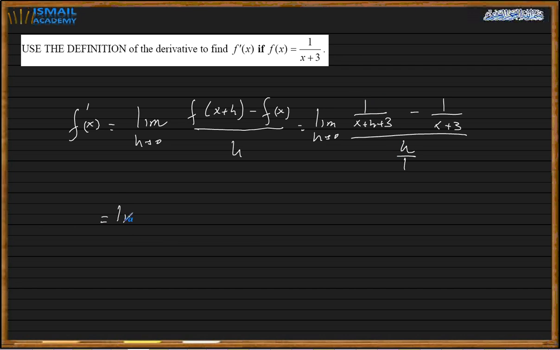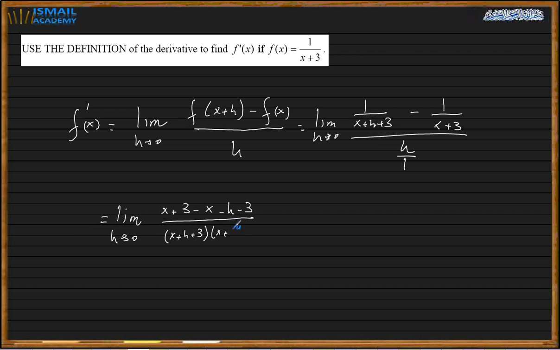Because here we have a fraction, I need to multiply by the reciprocal at the end. So it's going to be the limit when h goes to 0 of x plus 3 minus, here minus times the whole thing. I will distribute minus in all of them, so it's going to be minus x minus h minus 3 over x plus h plus 3 times x plus 3.